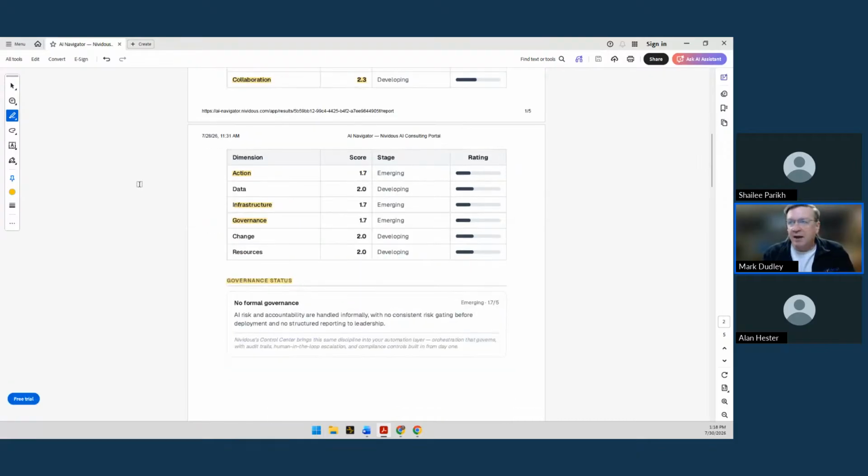What they don't score high in comparison to the composite score is under action, infrastructure, and governance. Now, from an action standpoint, action is AI working independently within a particular governance framework. So if governance is scoring a little low, action is going to be scoring a little low as well, because when AI is working, we want to make sure that it is orchestrated and governed in the best way possible.